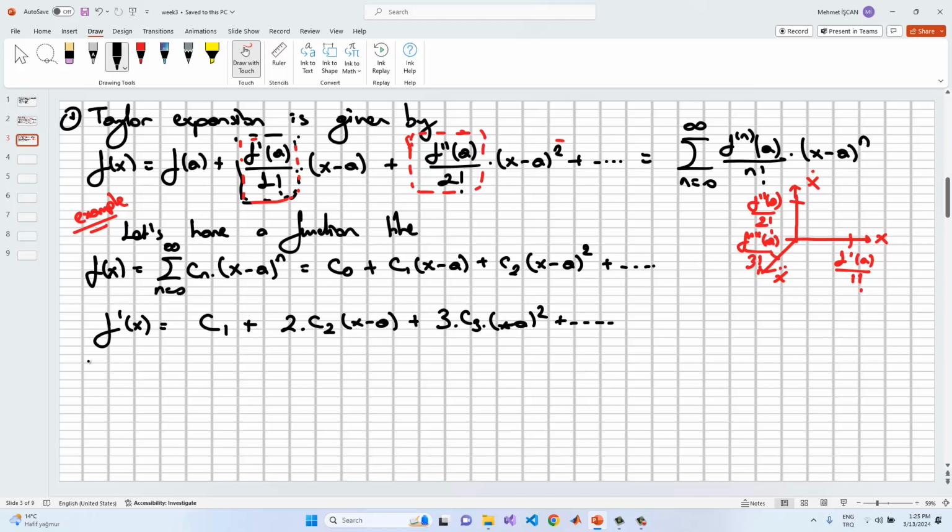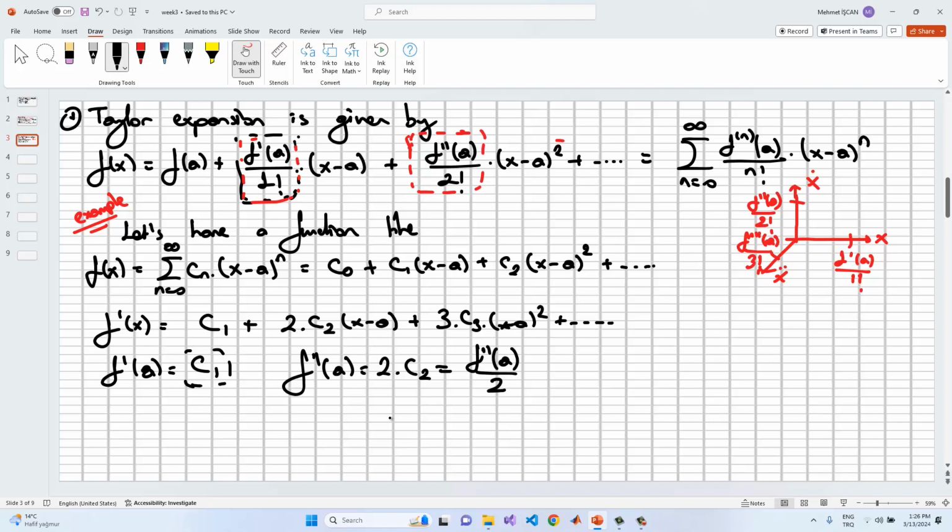Okay? And so if we take the a value in here, it's the expansion point, the linearizing point at this time. And so we can say that this is c1, right? And so the second derivative of this term is equal to what? The 2c2, right?